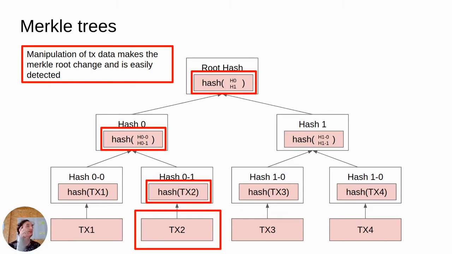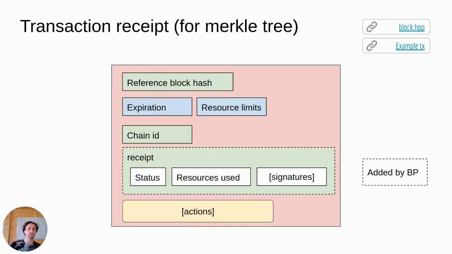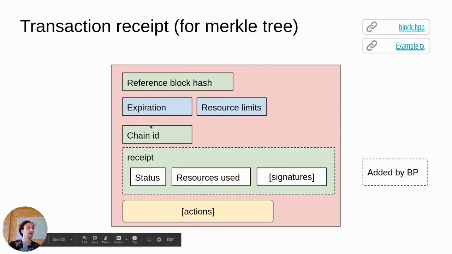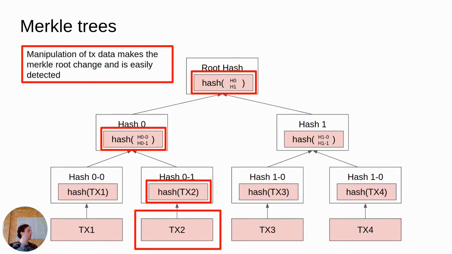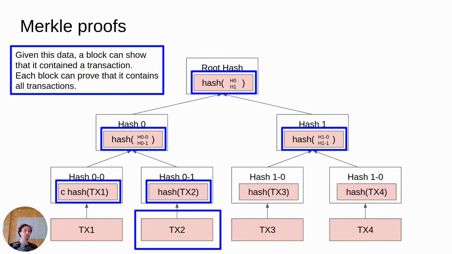Now why this is useful is that it summarizes every transaction into a tiny piece of data. And the only way to get that hash, this called the Merkle root, is to have all of these transactions in order. And all of those transactions have the action data that they execute as well as whether they were successful or not. The other useful thing you can do with the Merkle root is you can create a proof that a certain transaction existed in it without revealing all of the other transactions.